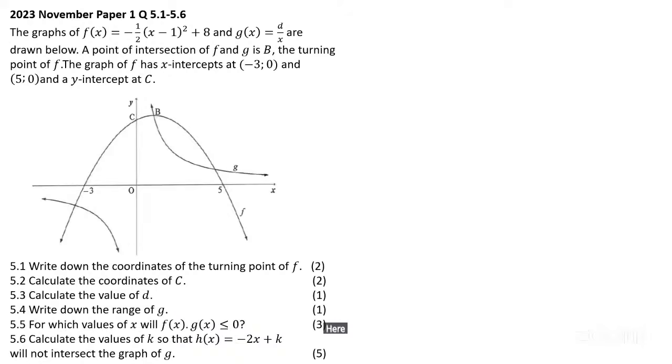Here we go. The graph of f of x is equal to negative a half (x minus 1) squared plus 8, and the graph of g of x, which is d over x.